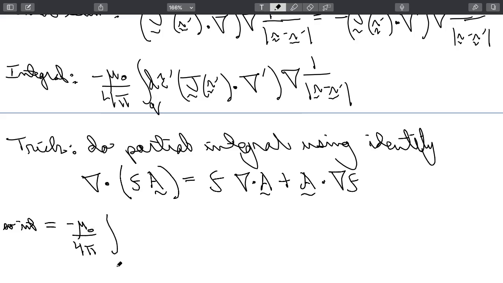And now I've got the integral over my volume, d tau prime, of the divergence of f times a, right? So this is really just j of r prime divided by r minus r prime.